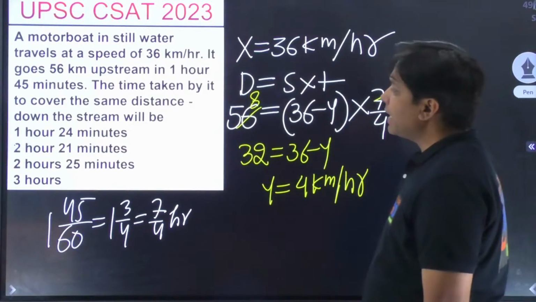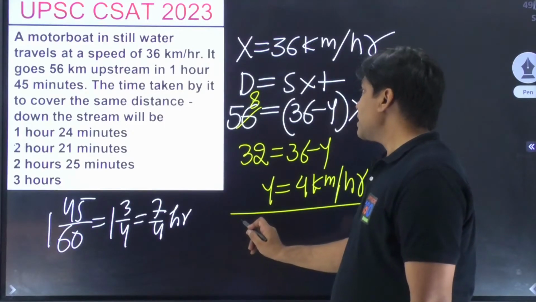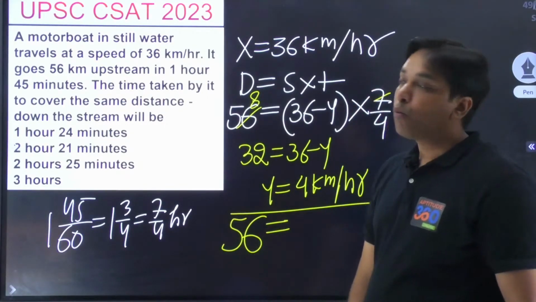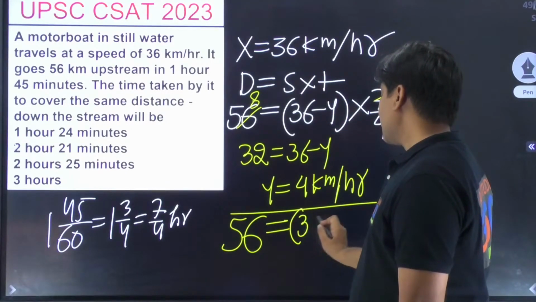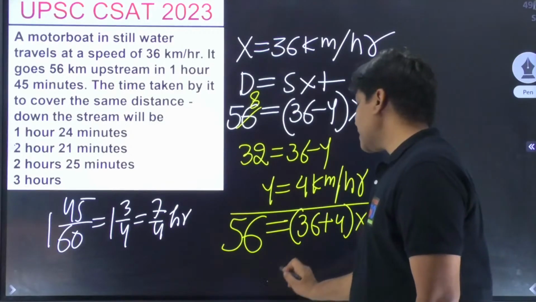The time taken by it to cover the same distance down the stream. So what is the downstream speed? The same distance, which is 56, isn't it? What is the downstream speed? 36 plus 4, x plus y, into time. So what is going to be the time?